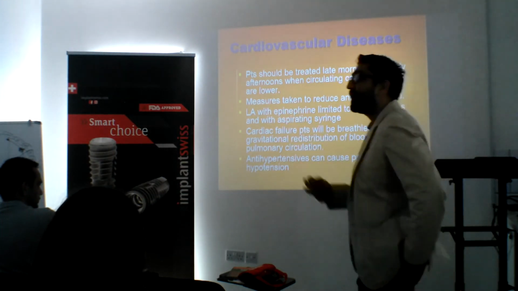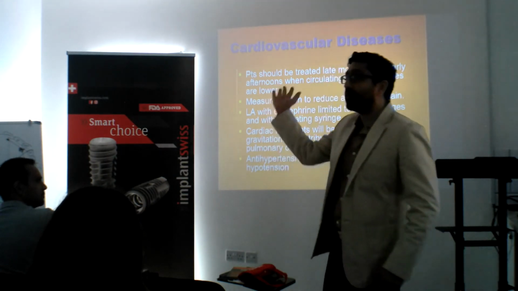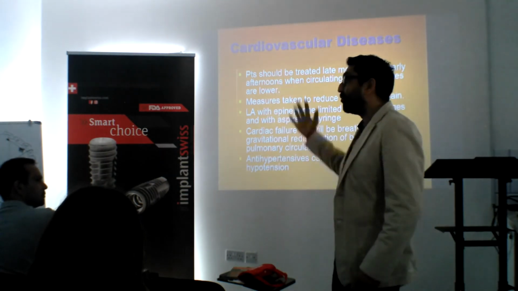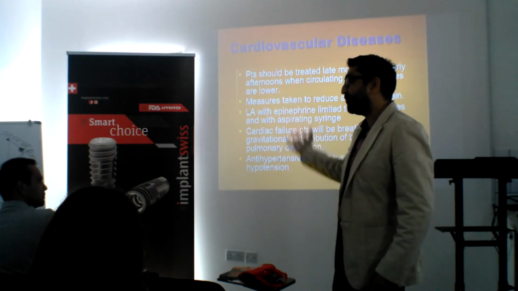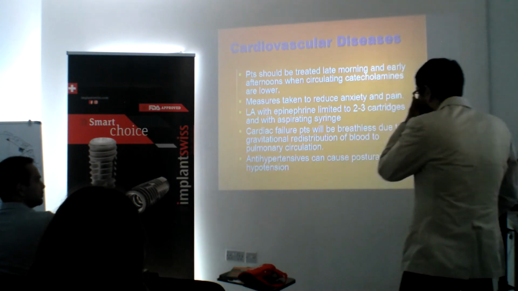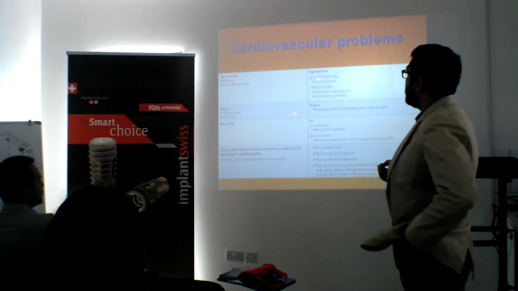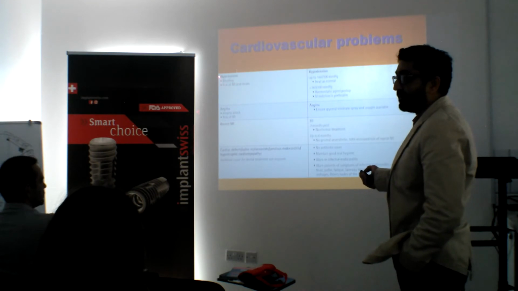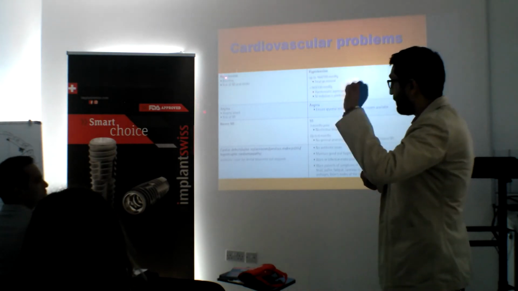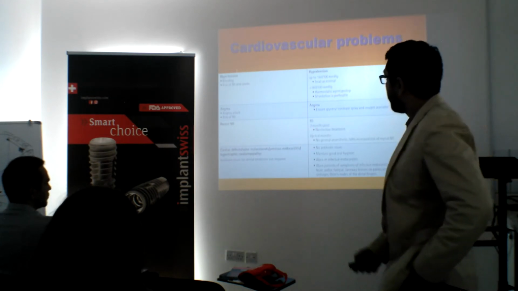Patients on antihypertensives shouldn't be raised up at once because they get postural hypotension, so they should be raised in stages. With hypertension, there are chances of bleeding because blood is pumping out, so a hemostatic agent should be used.